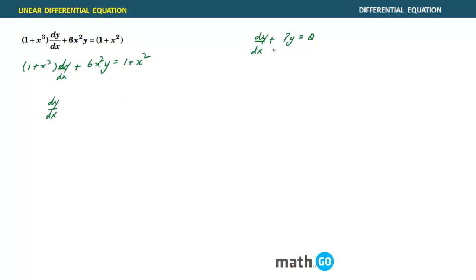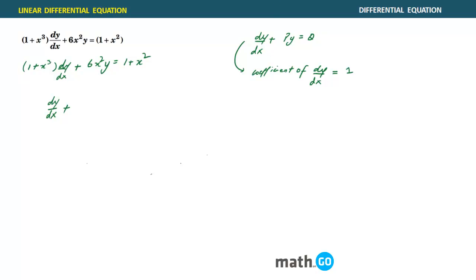We want to arrange this into this form, where you can notice that the coefficient of dy by dx should be 1, whereas here it is not 1. So we'll try to make this equal to 1. Let me make it plus only here. This then has to be arranged in this particular format.